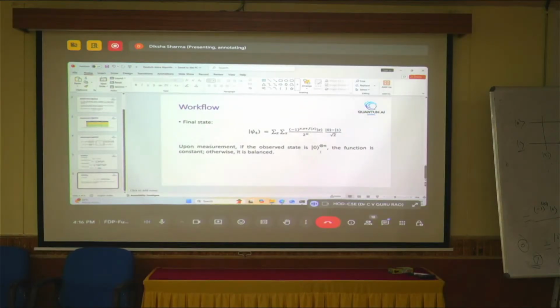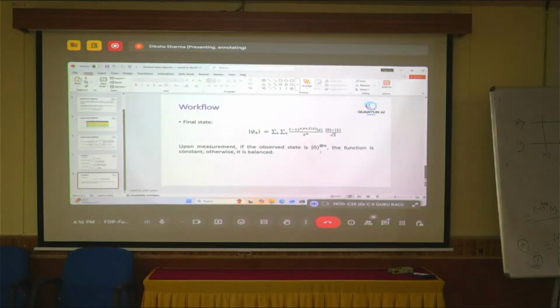Earlier there was the phenomenon that superposition is there, and now from this we can understand that if there is a superposition, that means we can apply one function to all the qubits, all the possible bits that we would be having. We can implement that particular function in one go.